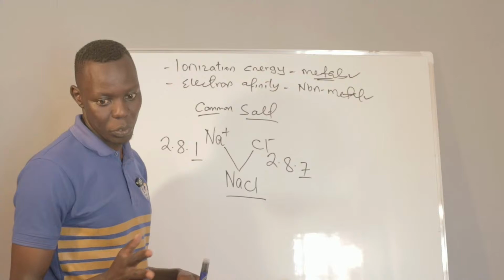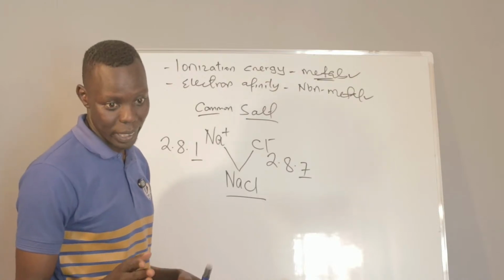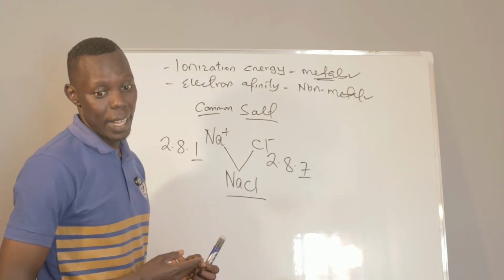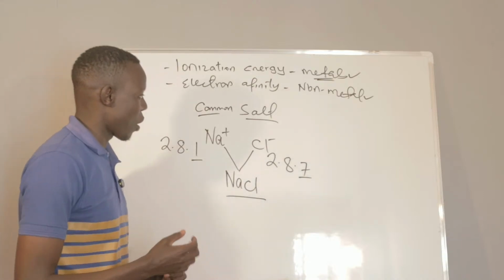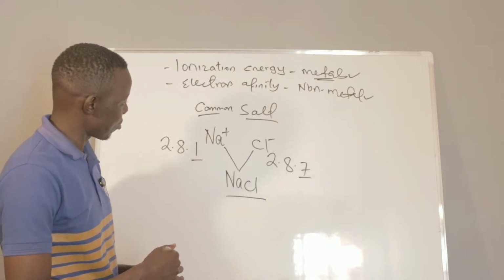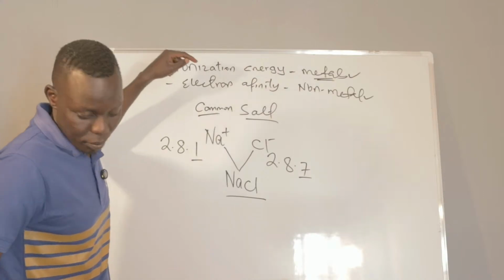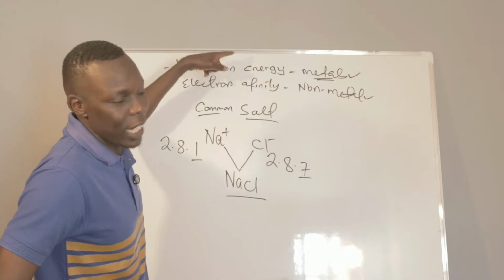Up to that point, have you grasped what I have explained? Are we together? Yes, I hope you have. I have a last statement before we end our lesson. Go and learn about ionization energy.